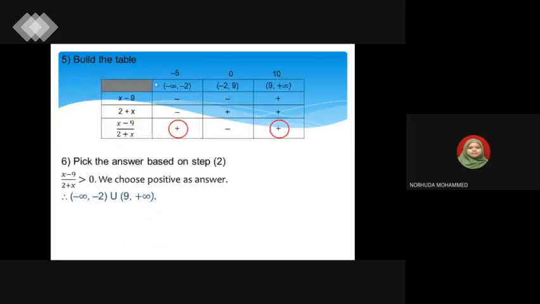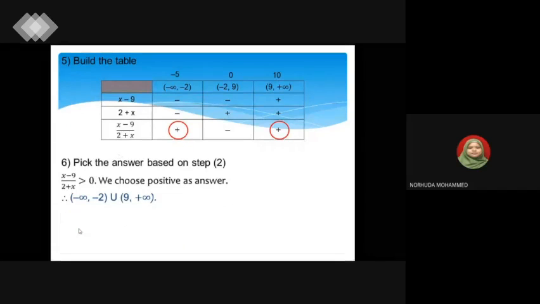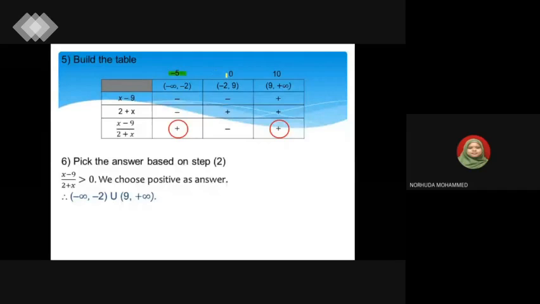And then, test point. And then, fill in the table. Okay, so fill in the whole table. Okay, number 6. Pick the answer based on step 2. As you can see, this is step 2.